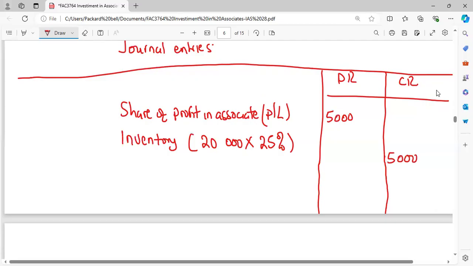So when we go to the statement of financial position, since the inventory is under the investor, we need to go and adjust again the inventory line item. The tax effect, is it not the same like what we did?